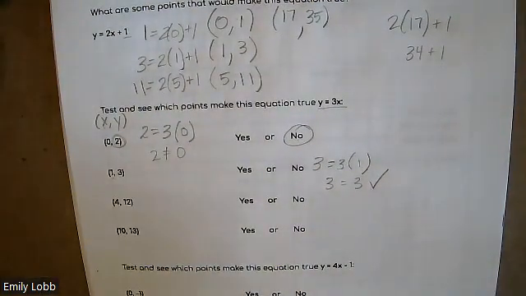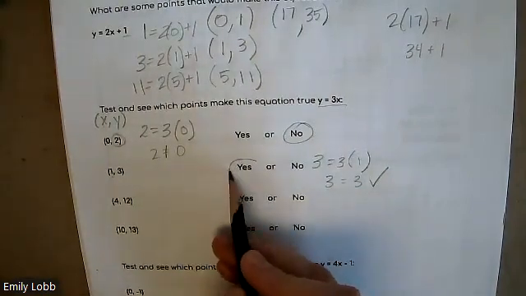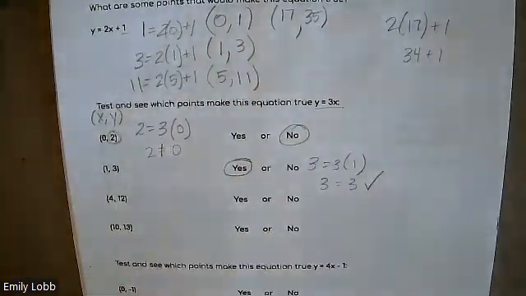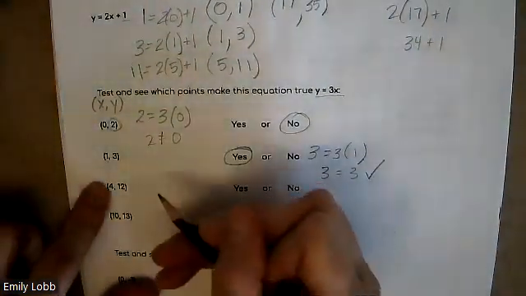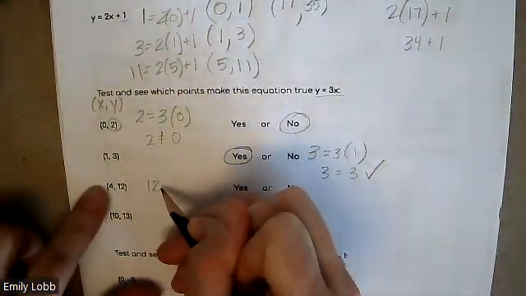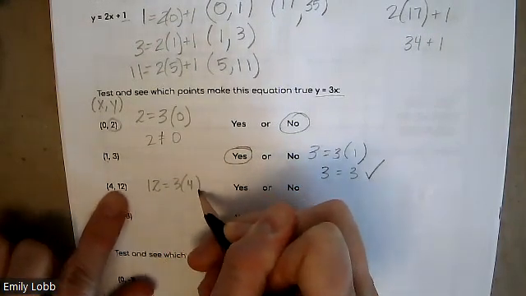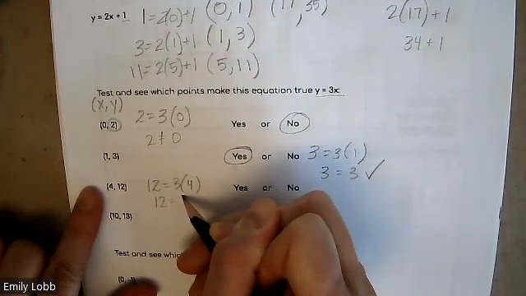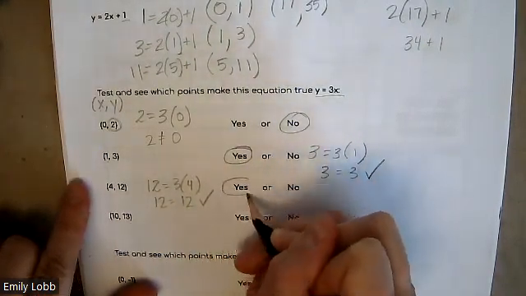Do prove your work and show your work. So, because they're going to get more complicated, right? So here we're saying yes. This one we have to put in a 12 for y and a 4 for x. Does 12 equal 12? Yes. So we're going to say yes.